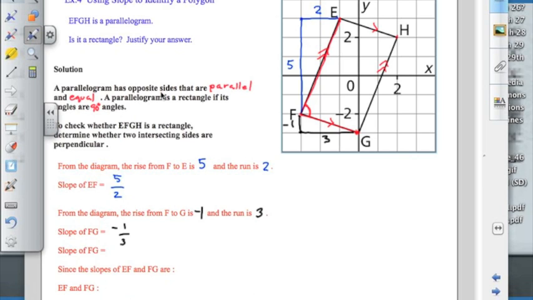Since the slopes of FE and FG are not negative reciprocals, they are not perpendicular.